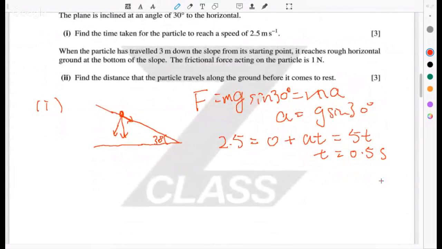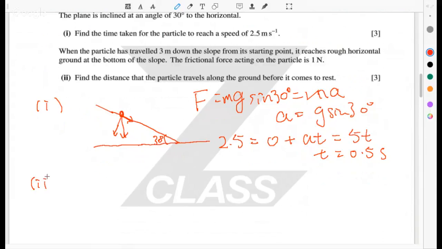Now, when the particle has traveled 3 meters down the slope from its starting point, it reaches rough horizontal ground at the bottom of the slope. The frictional force acting on the particle is 1 Newton, so there's a horizontal ground where there's a friction opposing the motion. And we want to find the distance that the particle travels along the ground before it comes to rest.